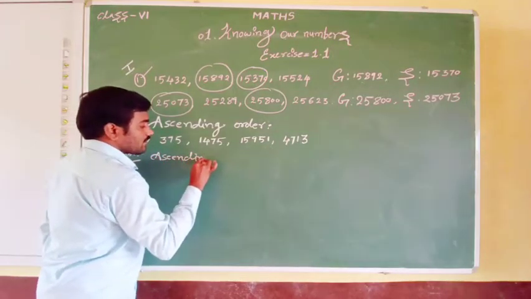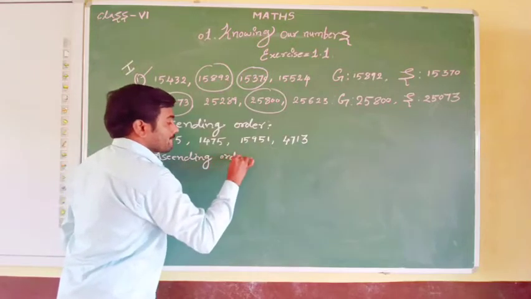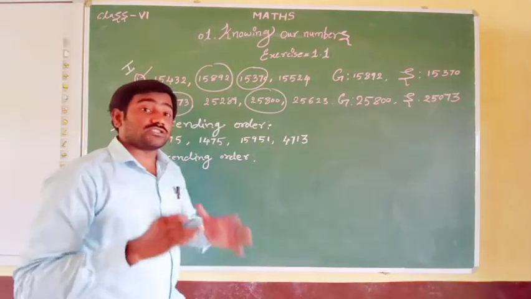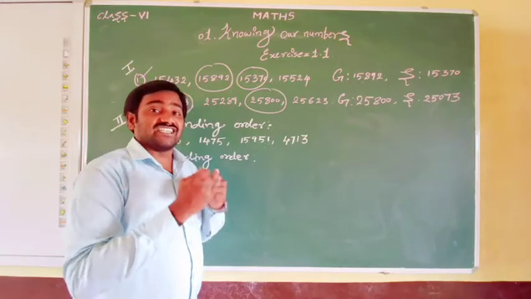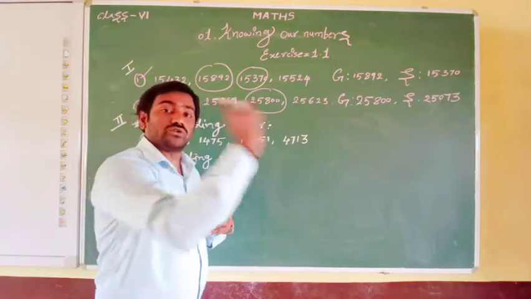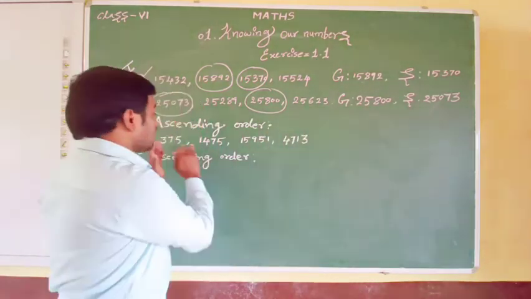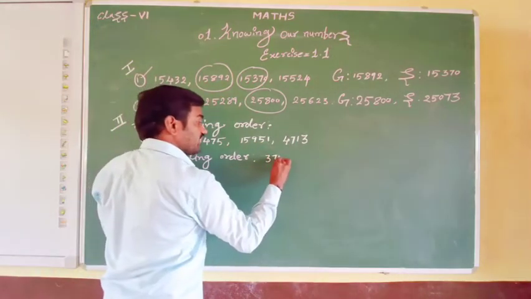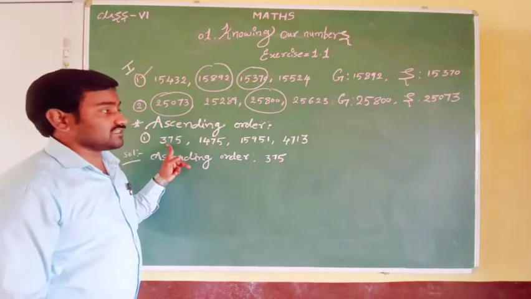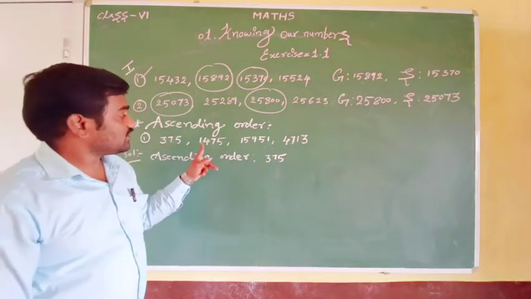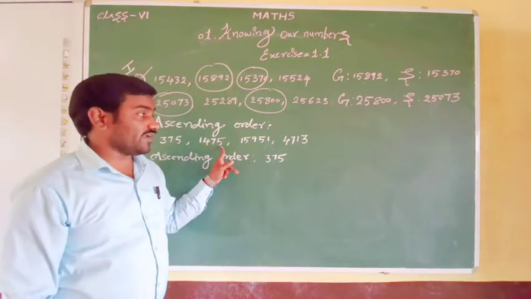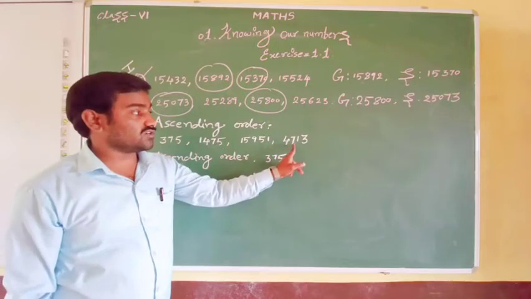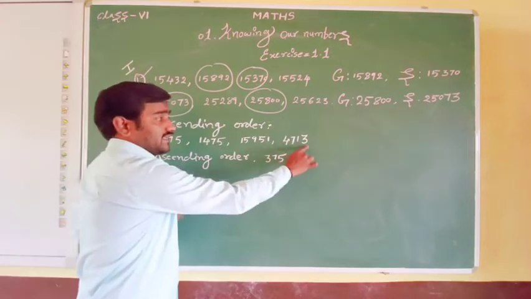Ascending order, as I already said, means arranging the numbers from smaller value to bigger value. Among these four, what is the smallest number? That is 375. Yes. The next number, see here, it is 1475. Here it is 4713.